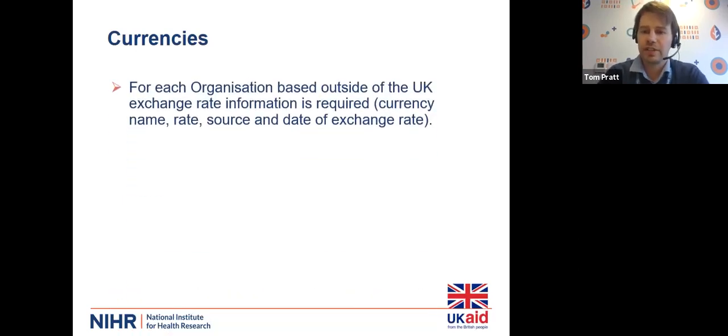So in terms of currencies, all the costs have to be listed in pound sterling, as mentioned before. So we'll just need to see if there are any costs that have been calculated using exchange rates. If you can just give an indication of the details, so the currency that you're calculating from, the rate, the source, and the date of the exchange rate, and then we can have that for our auditing purposes.